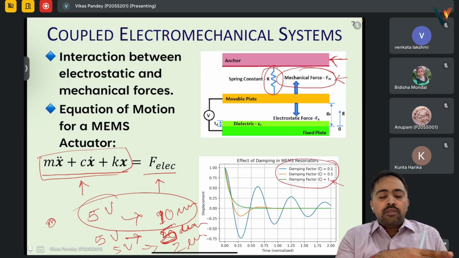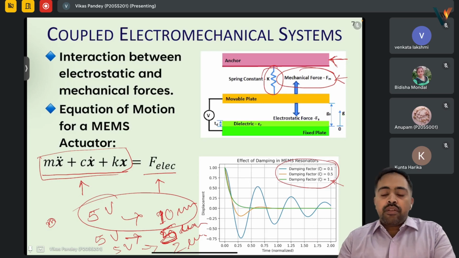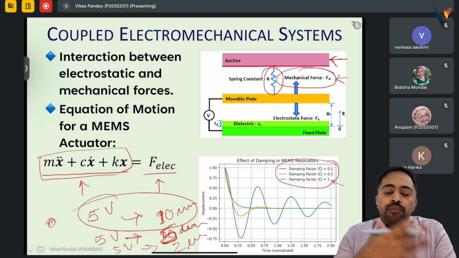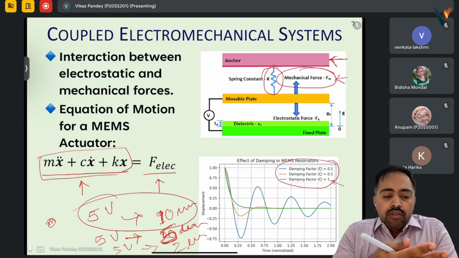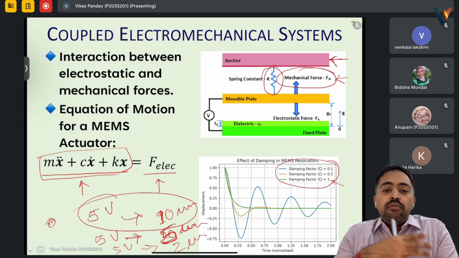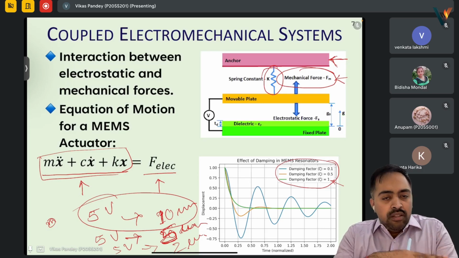That is one commercial reason. But another reason is that there is no other material so easily available and so readily explored that can be used to replace silicon. That is the reason that we generally work with silicon in MEMS actuators and sensors.